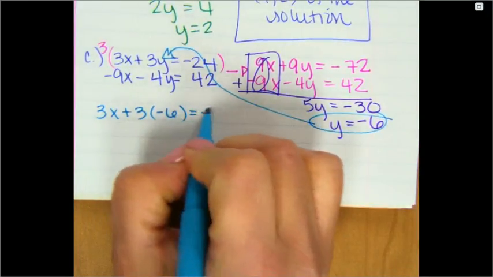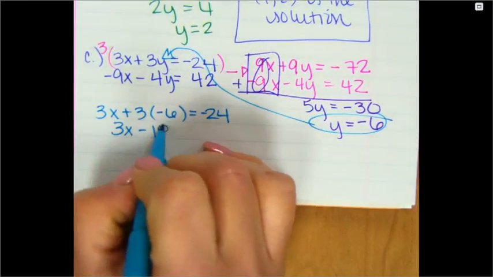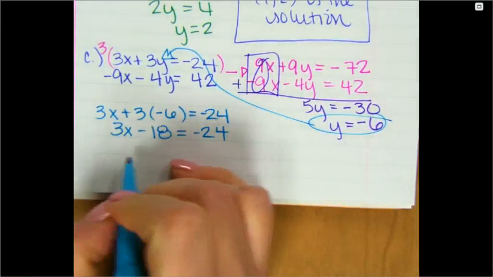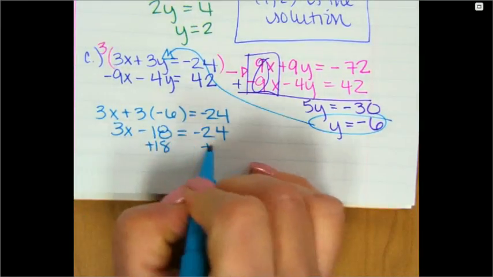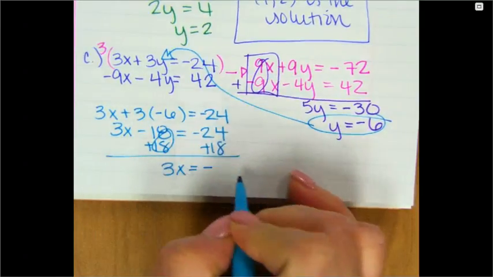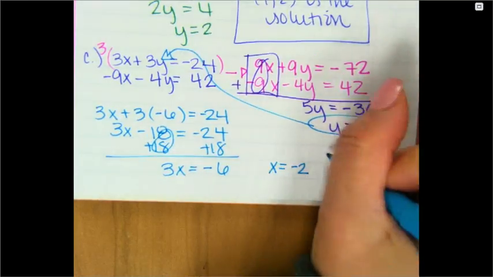Good. Equals negative 24. What's 3 times negative 6? Good. Do what now? Add 18 to both sides. What is negative 24 plus 18? Negative 6. So x equals what? So your ordered pair is?